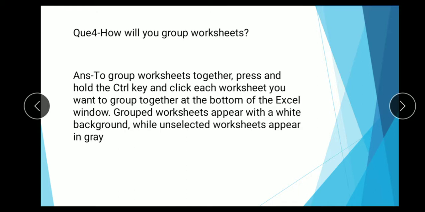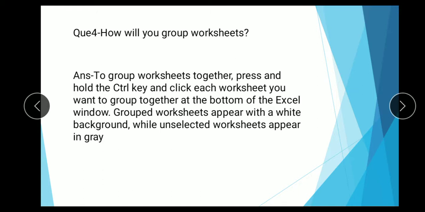It means how to group worksheets. To group worksheets together, press the Control key and click the worksheets you want to add in a group. Just like you have worksheets first, second, third, fourth, fifth, and you want to group first, second, and third. Then you press the Control key and select sheet 1, sheet 2, and sheet 3.